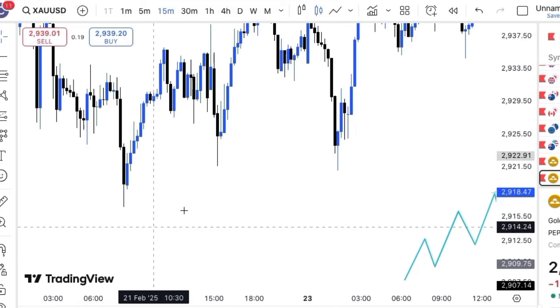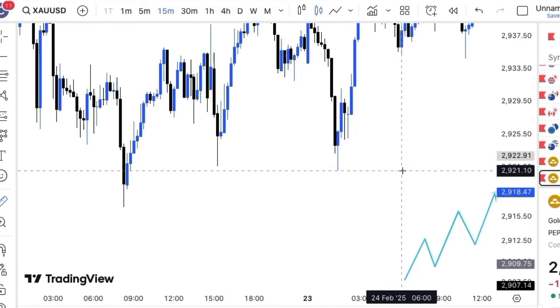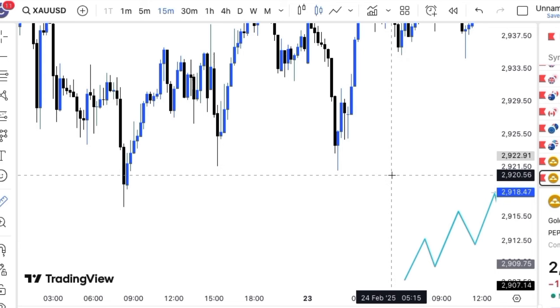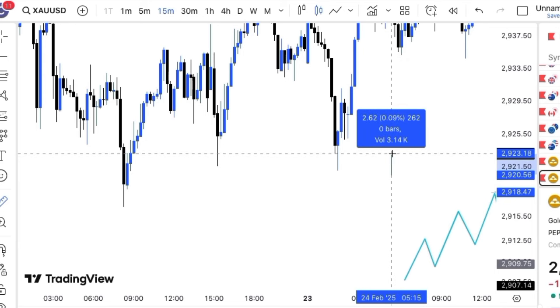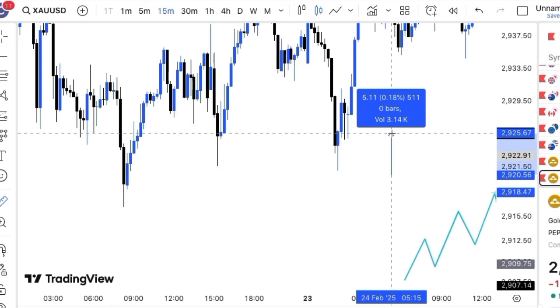So if you don't want to do that, then your stop loss should be from here, which is not that much. It's about 26 pips if you entered here, or 27 pips if you entered here, or 50 pips if you enter here.